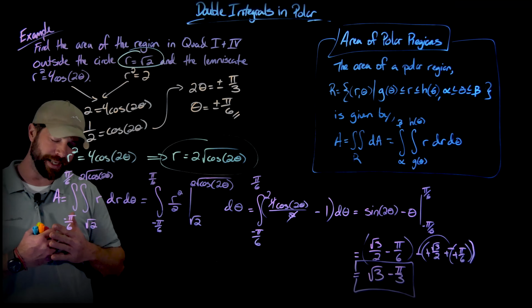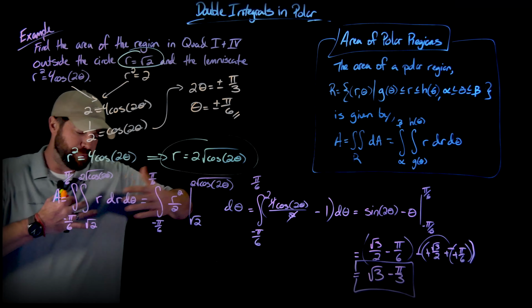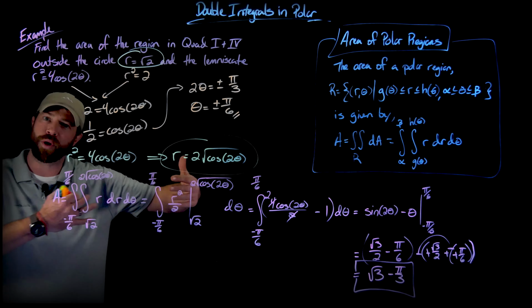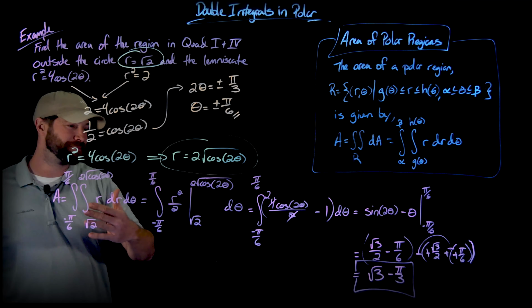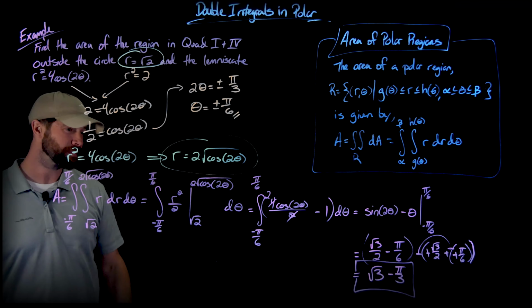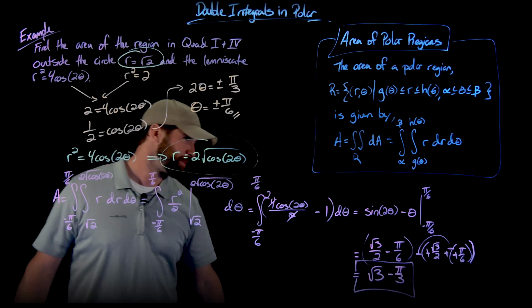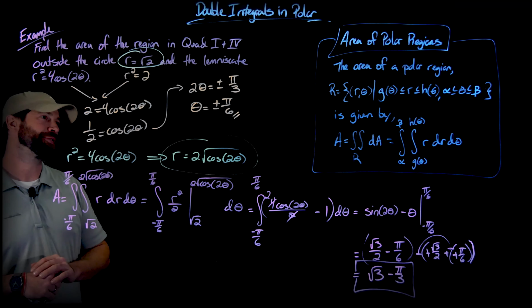The upper bounding function is the function that outputs larger r values or is further from the pole. The lower bounding function is closer to the pole. But after that, the work is pretty straightforward. Just doing your integration, 2 steps, obviously, for the double integral, knowing some stuff about the unit circle, and getting your final answer.